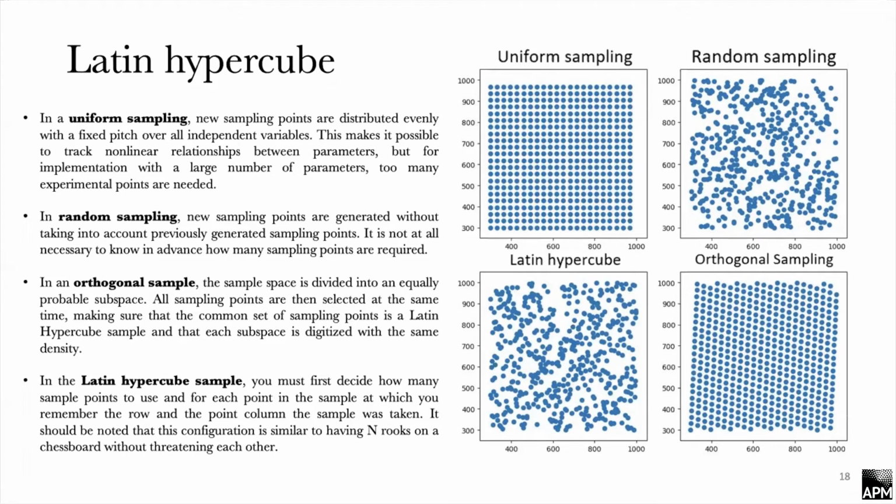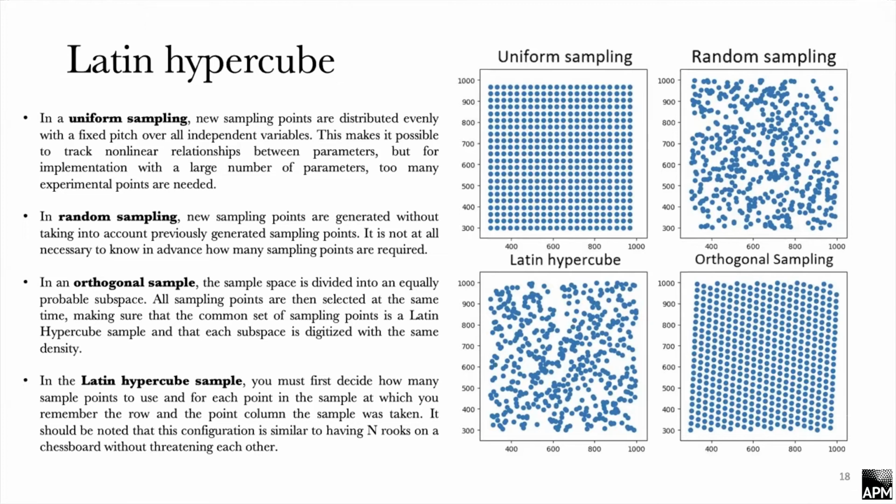So this is also not very good for us. The orthogonal sampling also requires a big number of sample points, and it doesn't work well with nonlinear dependencies. So it's also a problem for us. So the best choice is the Latin hypercube.